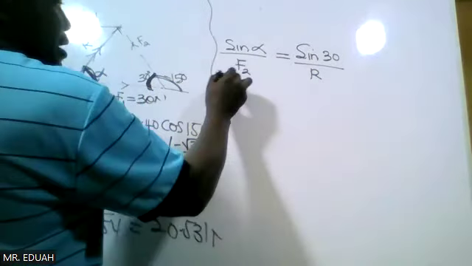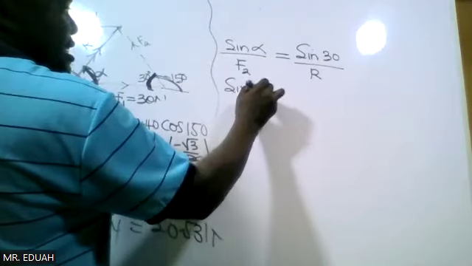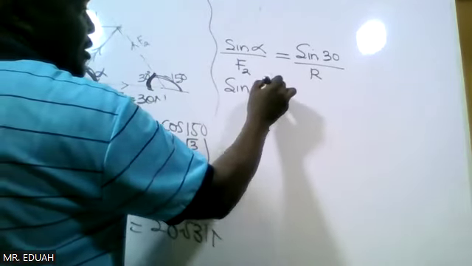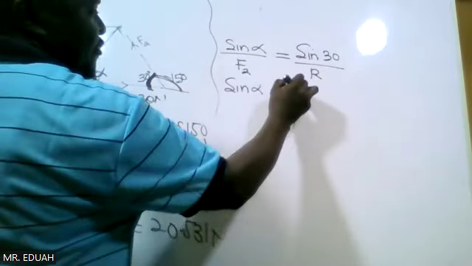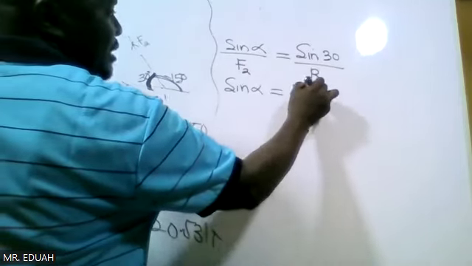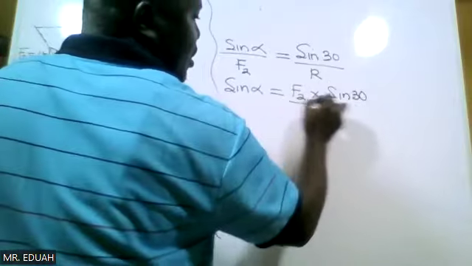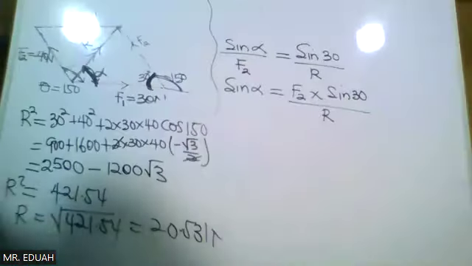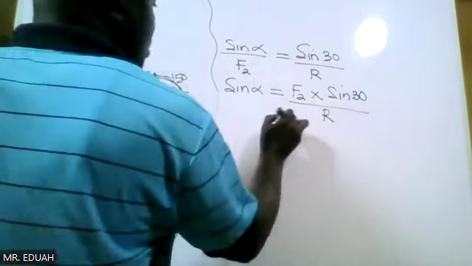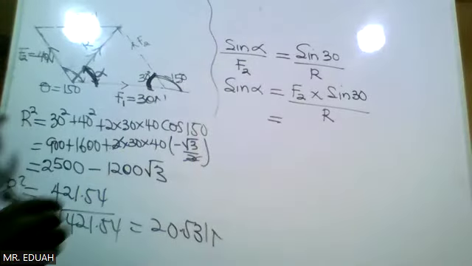So we are interested in sine alpha. Let's make that the subject. So we'll have sine alpha equal to F2 times sine 30 over R. What is F2? 40.